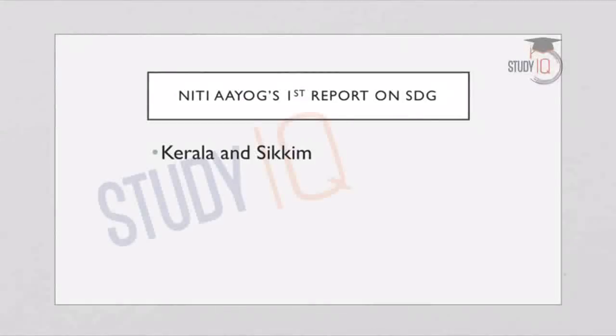Now, in the context of reducing the gender gap in the states, let us first examine the report by NITI Aayog. We will see NITI Aayog's first report on sustainable development goals. It aims at measuring how different states have performed in attaining the sustainable development goals. It also measures the rate of improvement made by different states in attaining them.